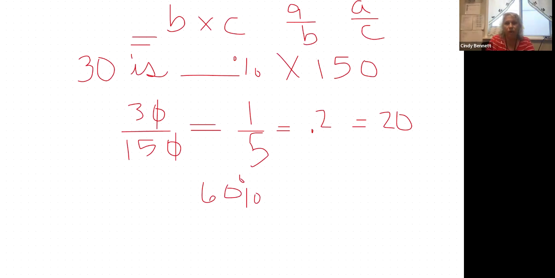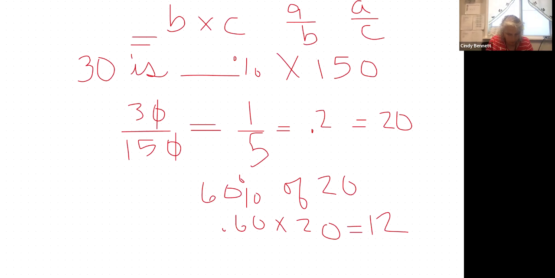So 60% of 20, so that's 0.60 times 20. And that turns out to be 12. So the answer would be 12 votes.